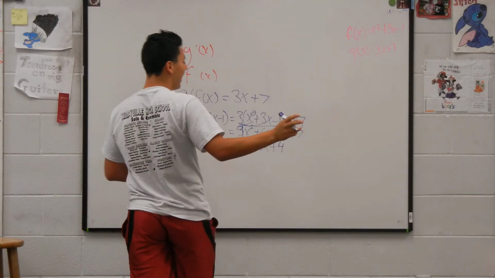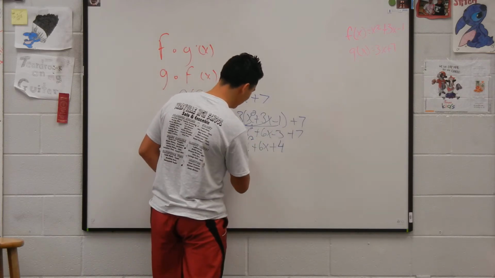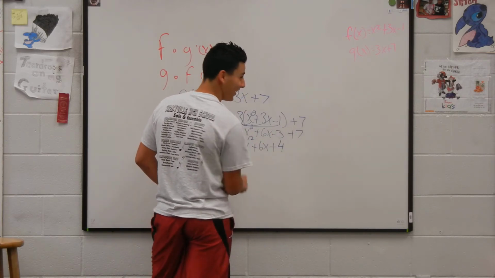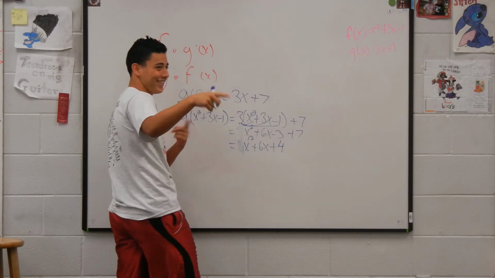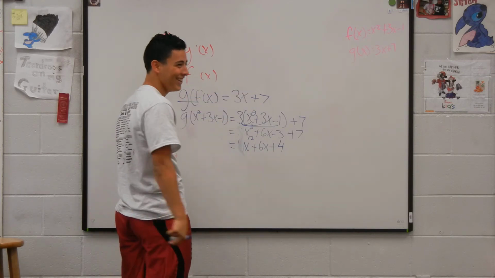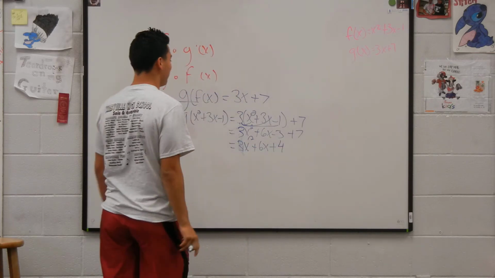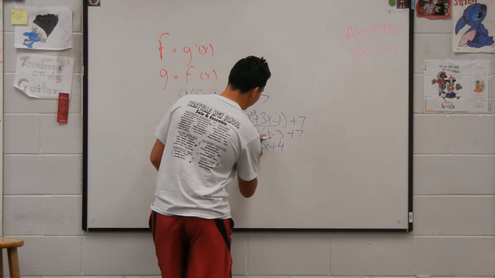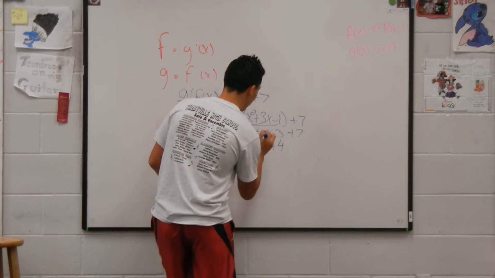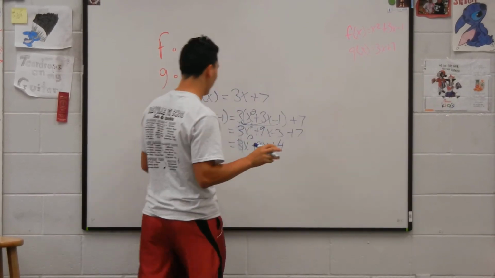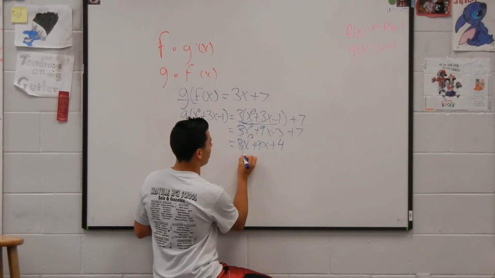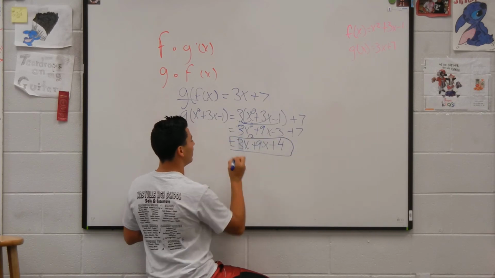I tricked y'all. See? Did you get the mistake? Repeat that. You get it? Thank you, Zachary, for catching that mistake. So it would be 9x. My fault. So this would be your answer.